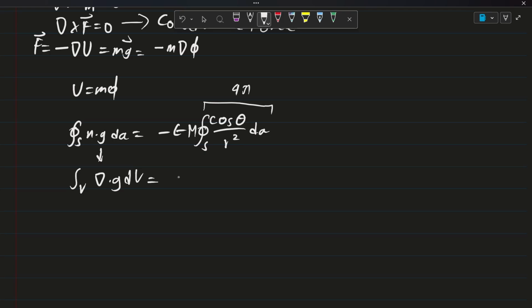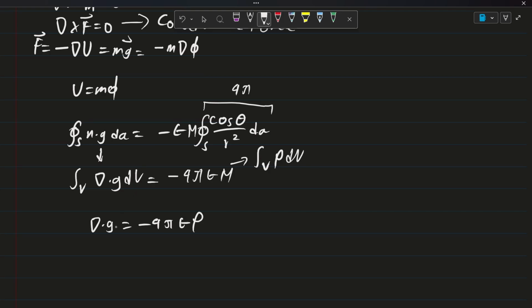This would equal negative 4 pi G m. Now, if you convert this mass into the continuous formula, it's the integral of the volume, rho dV. And if you group them all together, you get that the divergence of g is negative 4 pi G rho. This is Maxwell's equation for gravity.